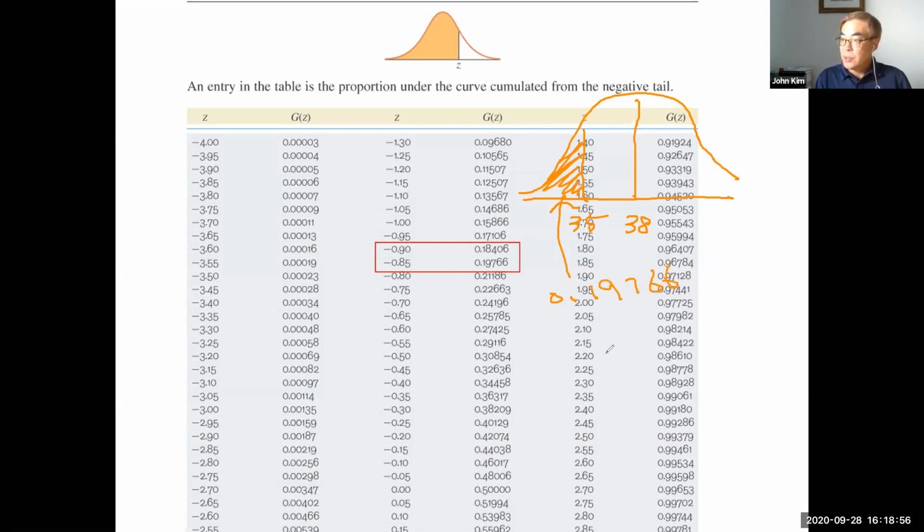So this area is this one. And then the probability of completing in 35 is 19.766%. This is the answer.